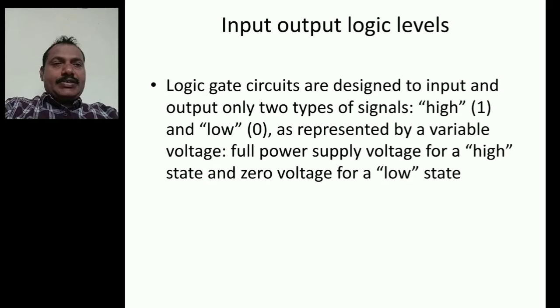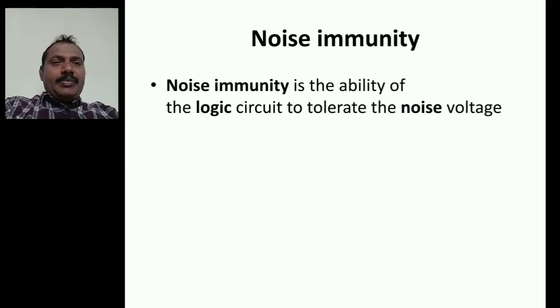The noise immunity is the ability of the logic circuit to tolerate the noise voltage. That means whenever the noise voltage is there, there should not be any disturbance to the functionality of that particular logic circuit.